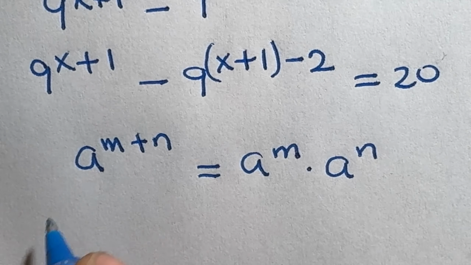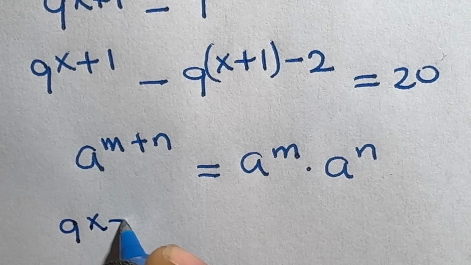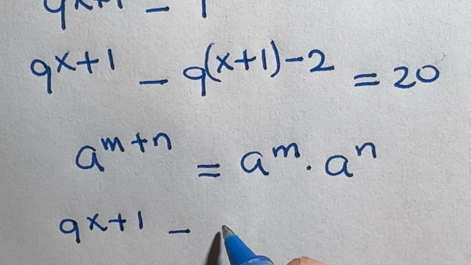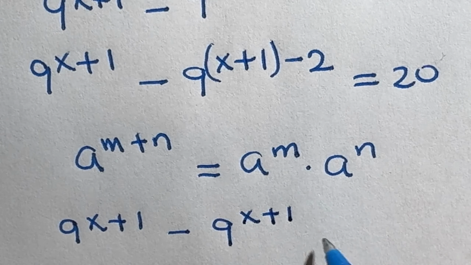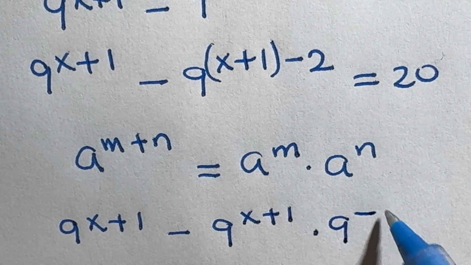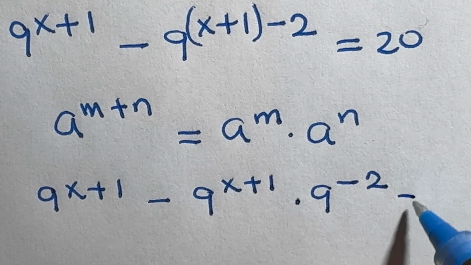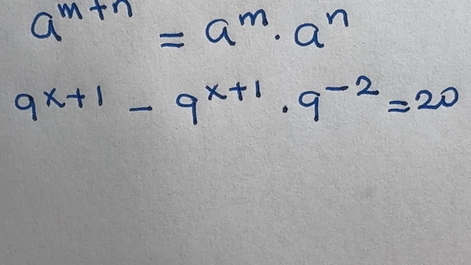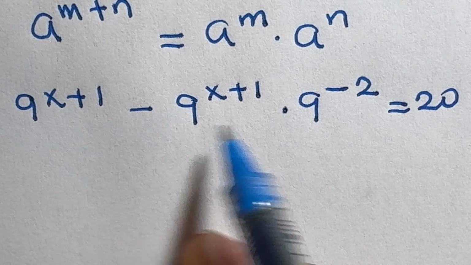So I'm going to write this as 9 raised to power x plus 1, then minus 9 raised to power x plus 1 times 9 raised to power negative 2, and the result is still 20. So with this, we see 9 raised to power x plus 1 is common to the two terms here.